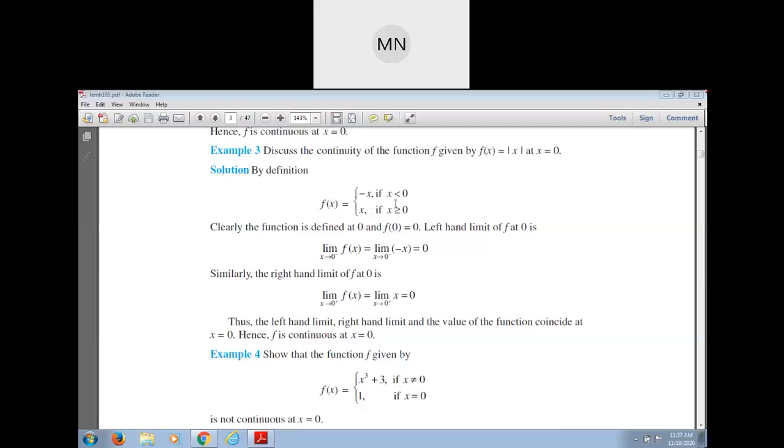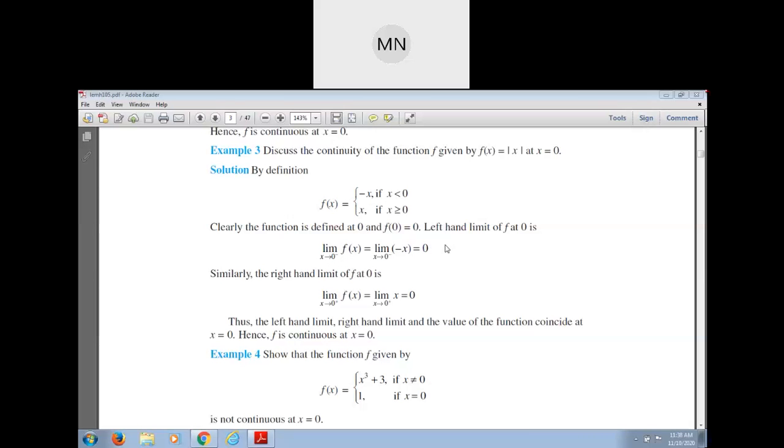According to the definition, if x is less than 0, the value is minus x. So when we take the limit as x tends to 0 minus, that is the left hand limit, the function value is minus x. The limit as x tends to 0 of minus x will be 0.